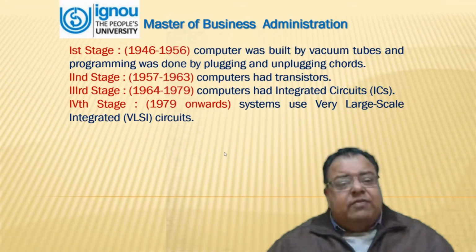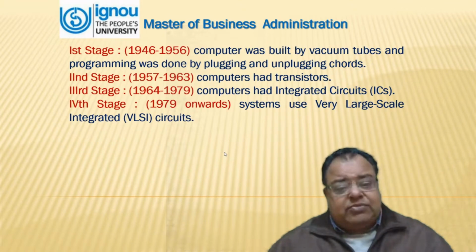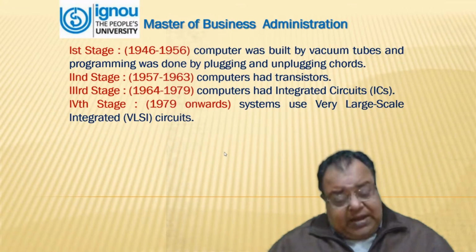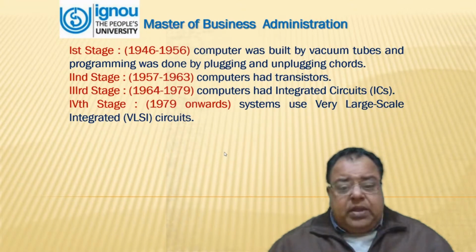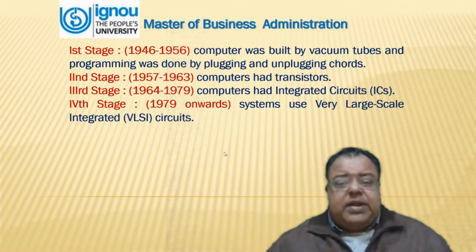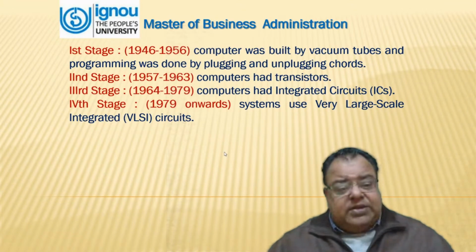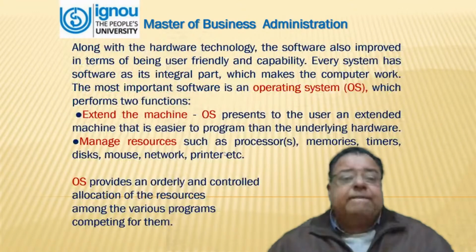With the passage of time, from 1957 to 1963, computers had transistors. From 1964 to 1979, computers had integrated circuits, what we call ICs. And from 1979 till present, systems use very large scale integrated circuits, that is VLSI.